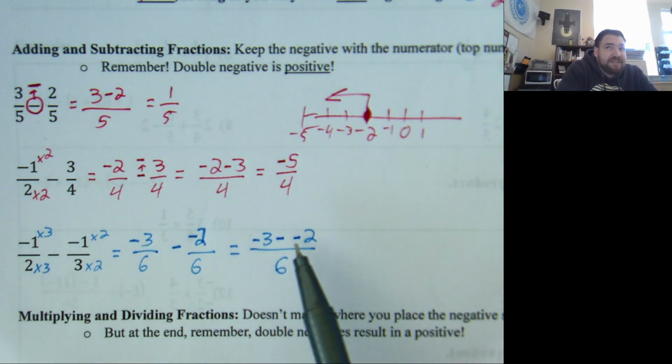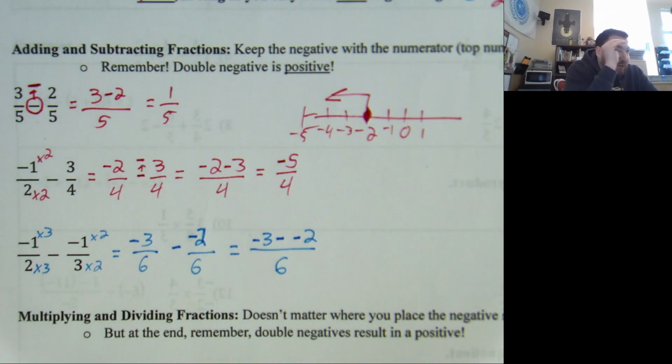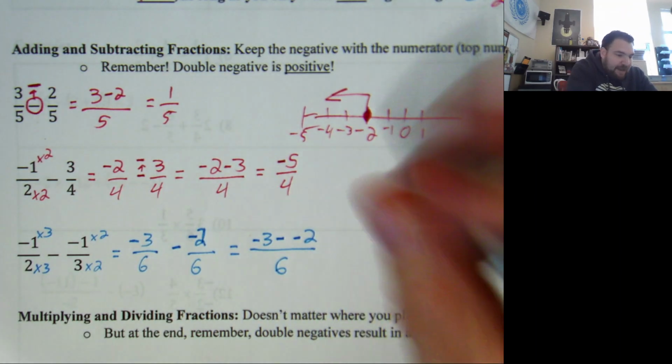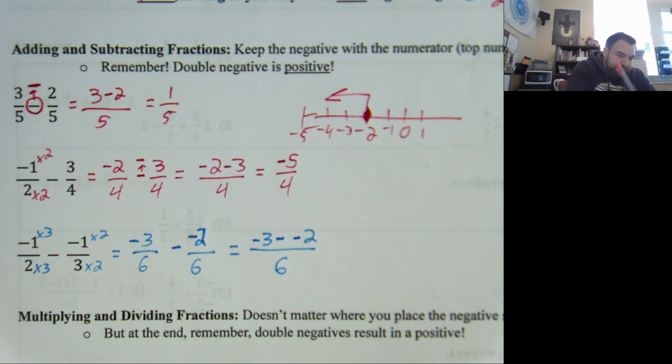Just like on your quiz, these double negatives are going to show up here. Some of us need to be more deliberate and clear about how you're writing your work. More of you need to be showing your work the way I show my work, changing one thing at a time and leaving everything else the way it is. Then it becomes straightforward to see what happens with that double negative.